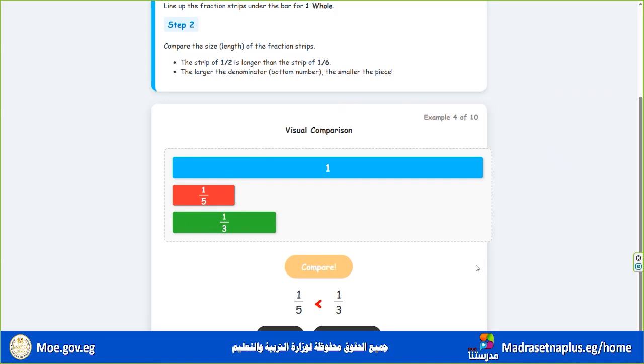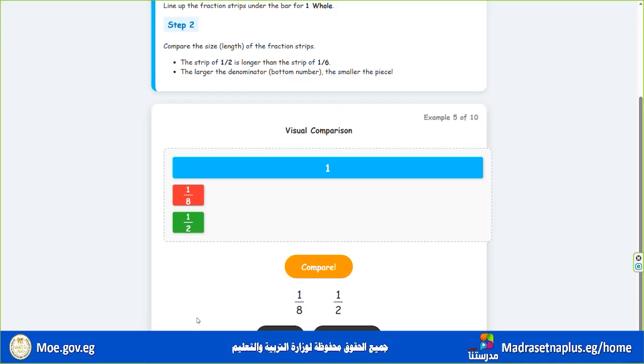Yes, you can see 1/5 is less than 1/3. That means if we have one strip or one rectangle and divide it into fifths or into thirds, we'll get a third is greater than a fifth.